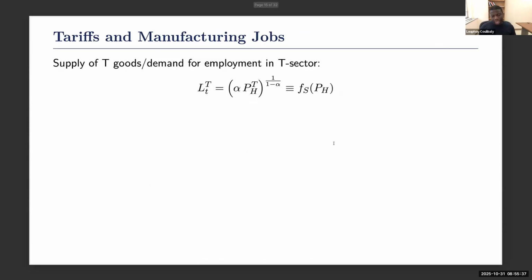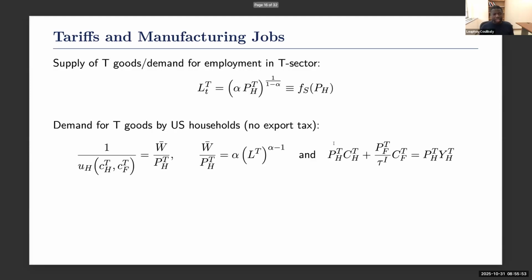So what happens is that you can derive in this economy the supply of tradable goods, or the demand for employment in the tradable sector by firms producing the tradable goods. And that comes from the equalization of the marginal product of labor with the marginal cost. It's very easy, and it looks like this.